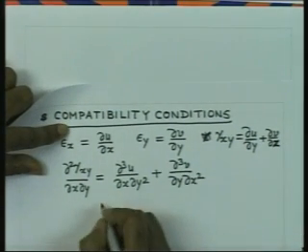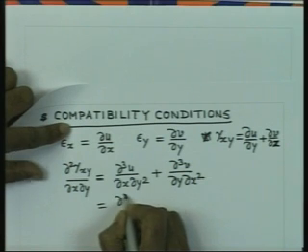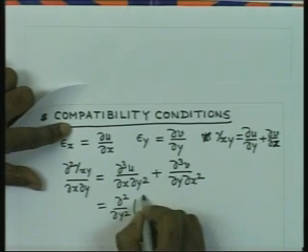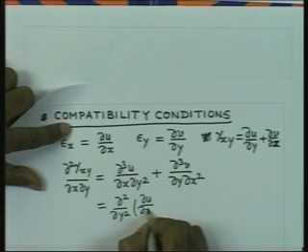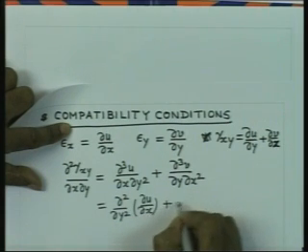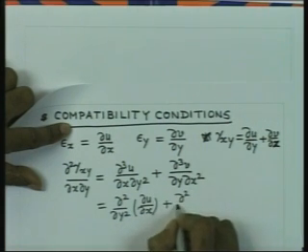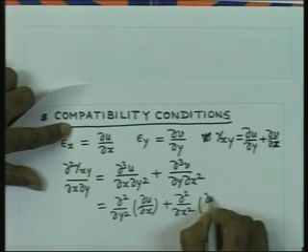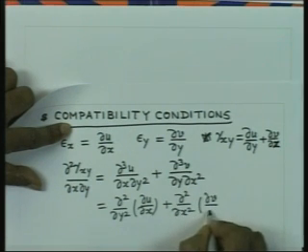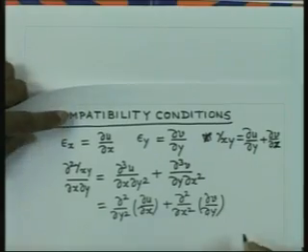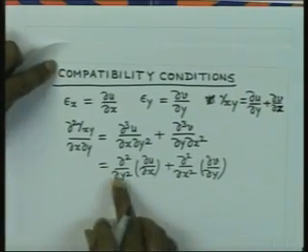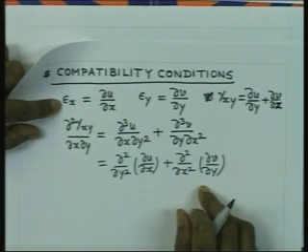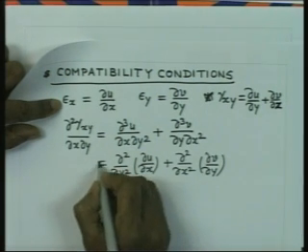Now, we can write this as delta 2 by delta y square of delta u by delta x plus delta 2 by delta x square of delta v by delta y. So, we have now this is nothing but epsilon x, and this is epsilon y.